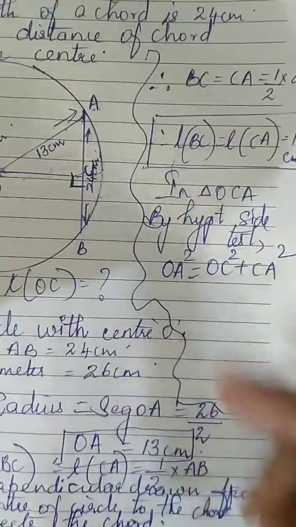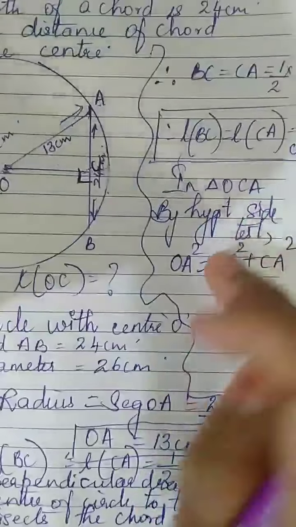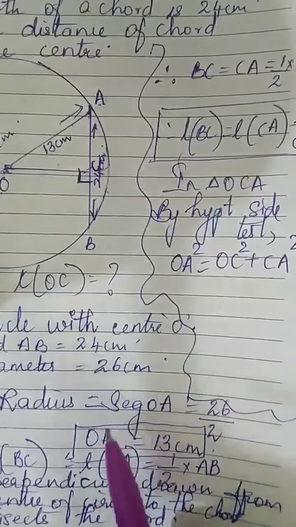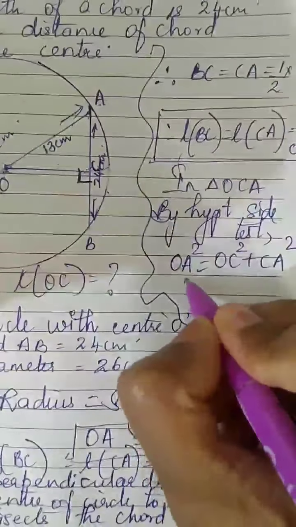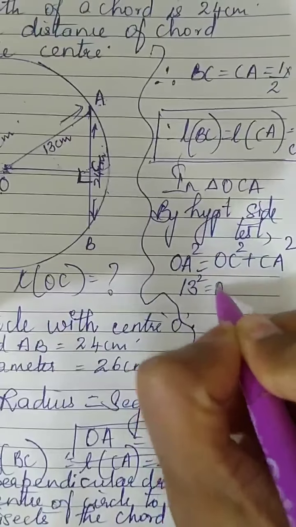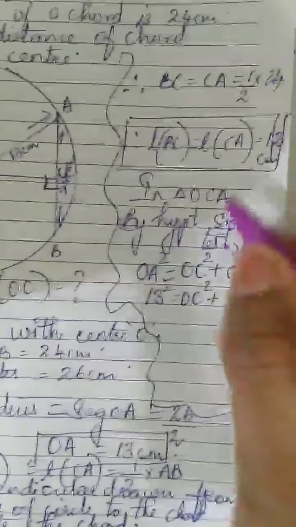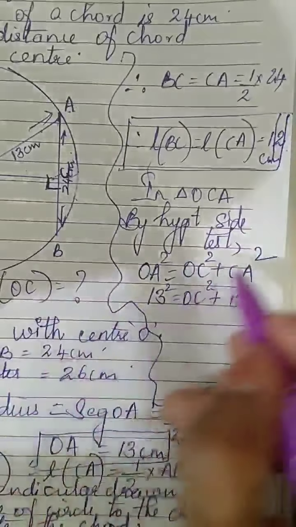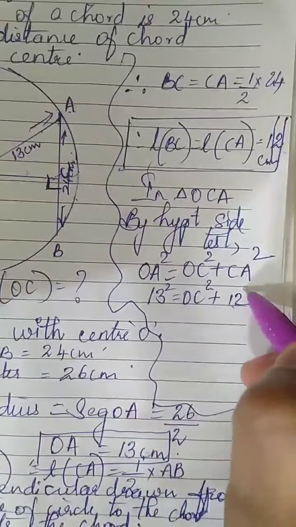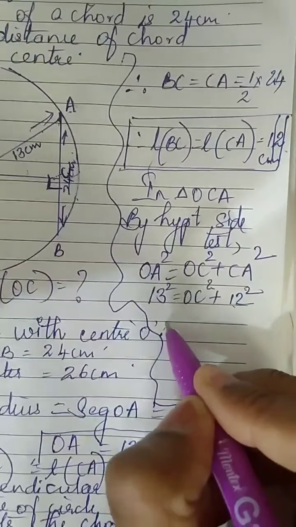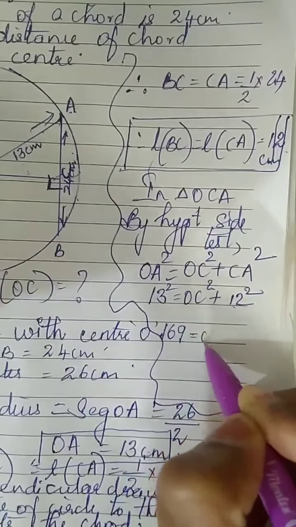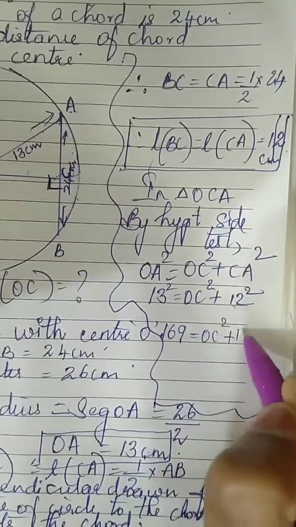Do you know OC? We don't know. We want to find that only. Do you know OA? Yes, OA is 13. So 13 square is equal to OC square, which we don't know, plus CA. Just now we got CA 12, so 12 square.